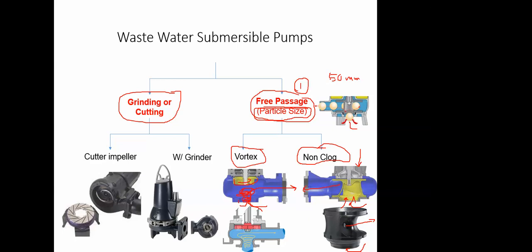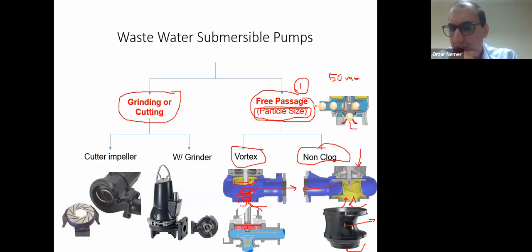Below 10 millimeters is considered effluent. So this is again the concept of particle size, which is exclusive to the free passage pumps, which are mainly the main categories, non-clog and vortex.